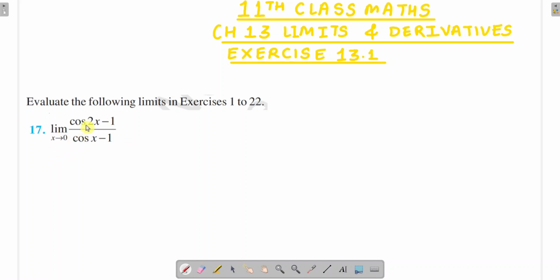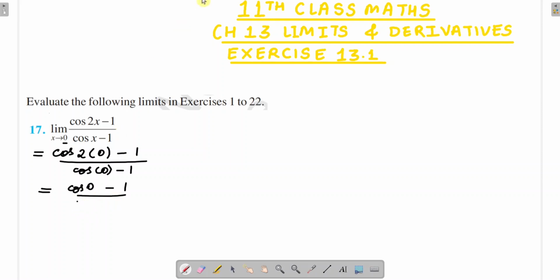This is having a trigonometric function in the numerator as well as in the denominator. First, always what you have to do is evaluate the limit as it is at the given point. So cos 2 times 0 minus 1 divided by cos of 0 minus 1.